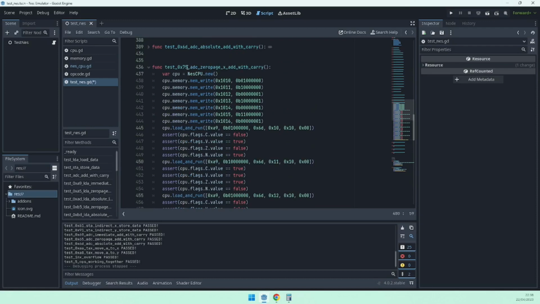So this is 0 page X. So let's make X equal to 1 probably.